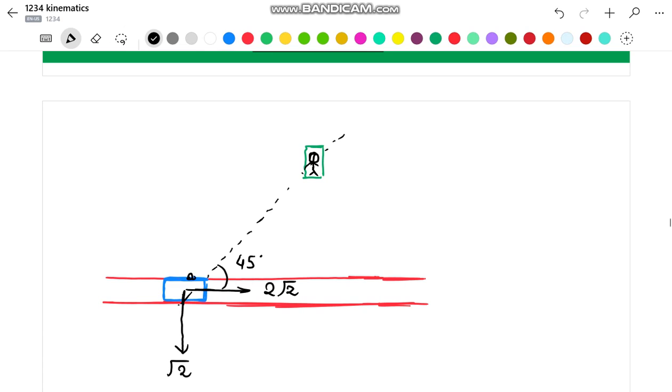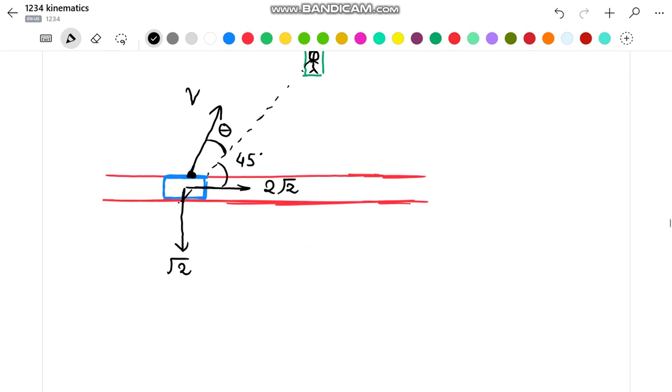Now I am assuming that in order to strike his enemy, he aims his arrow with speed v, the muzzle speed of which is given in the problem. He aims his arrow with speed v at an angle of theta with this line.